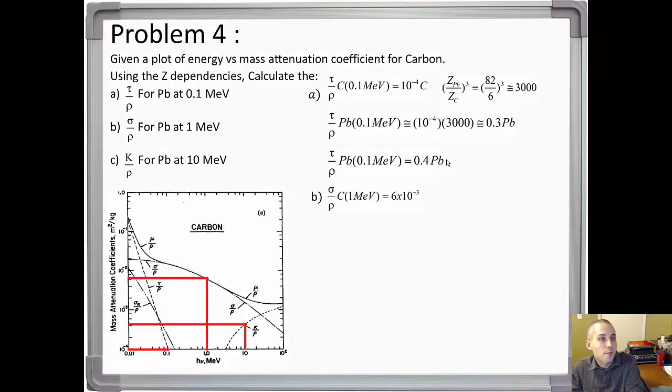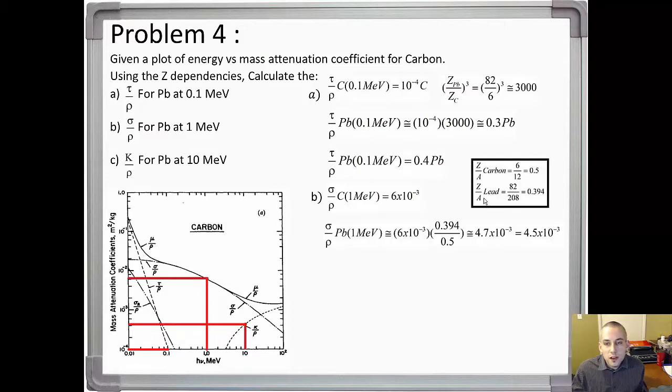For B, we're looking at 1 MeV. Let's go to 1 MeV, right about there. And the mass attenuation coefficient for Compton, we get about 6 times 10 to the negative 3.